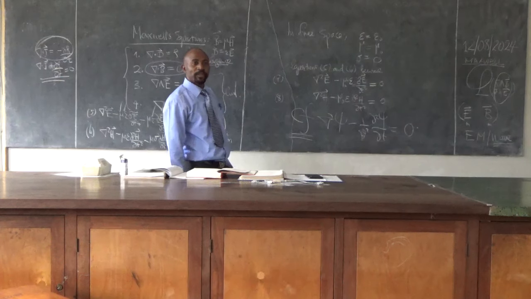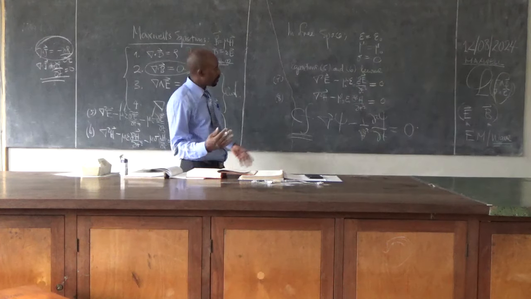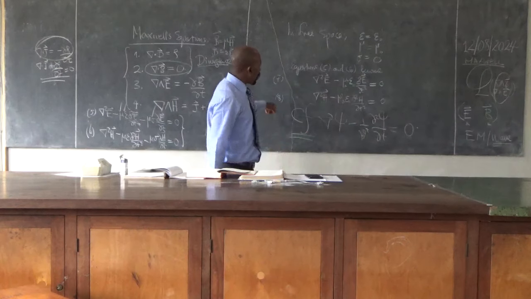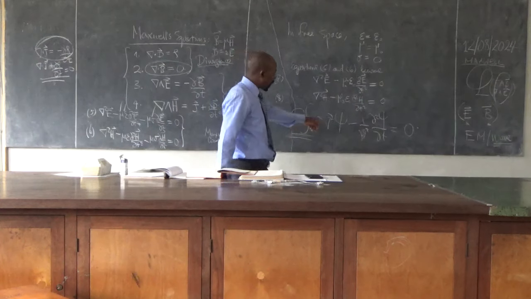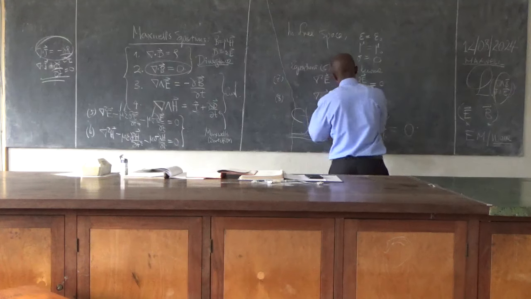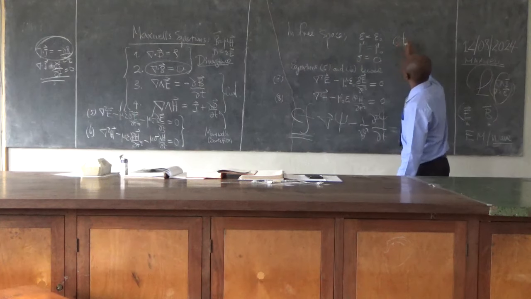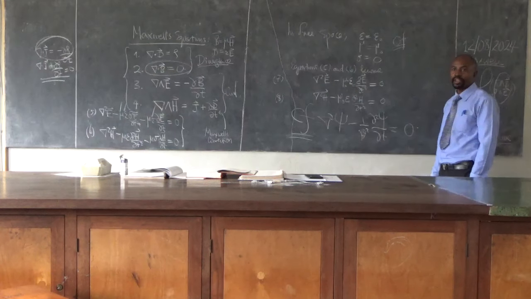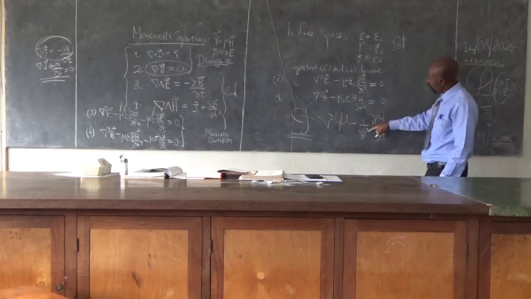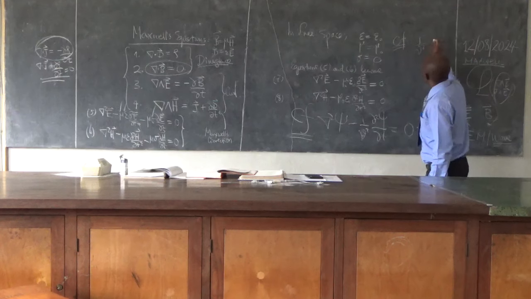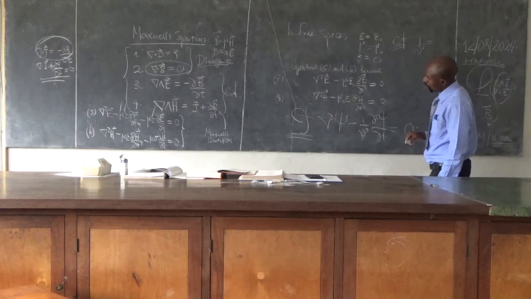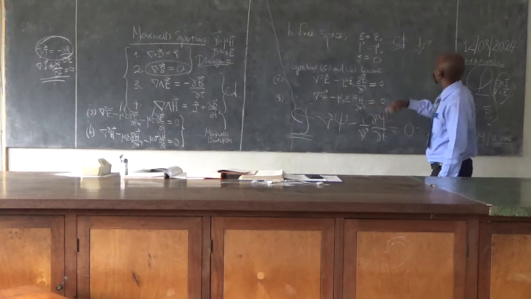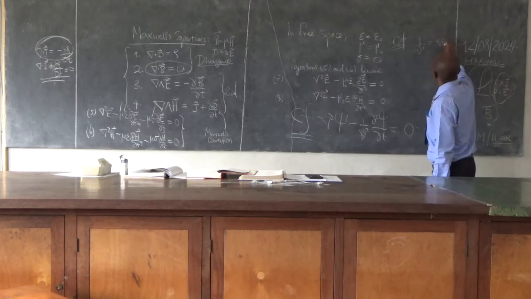If we are in free space, but before we do all that, let's be nice like this. Once we do this here, we can compare. So comparing these equations with this classical equation, we get that 1 over v squared equals μ₀ε₀.